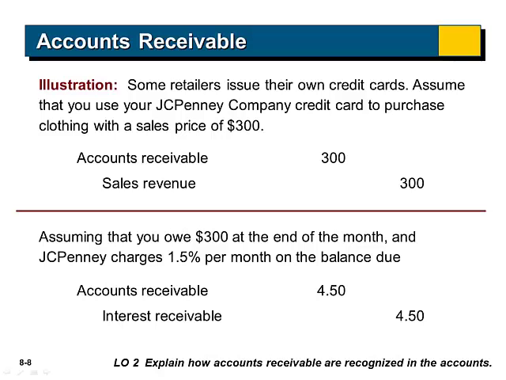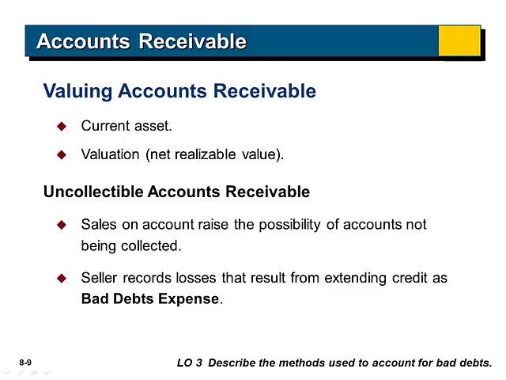So they debit accounts receivable for $4.50, or 1.5% of the $300. Now you owe them $304.50, and they're earning an interest revenue that they credit for $4.50.